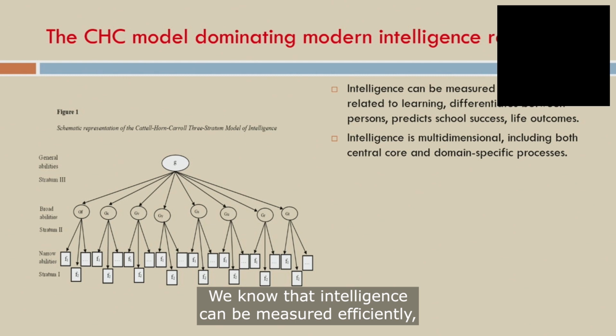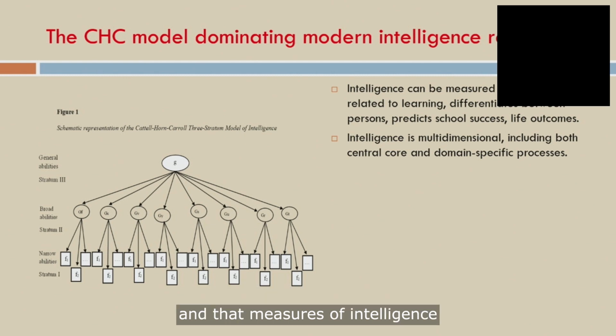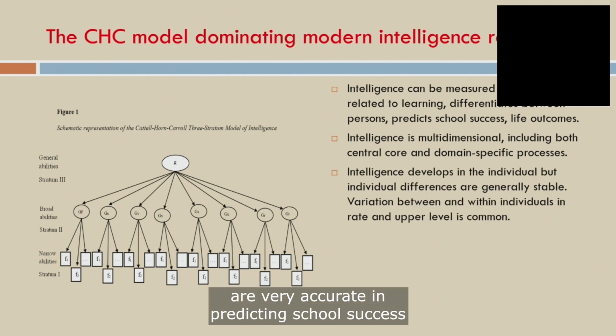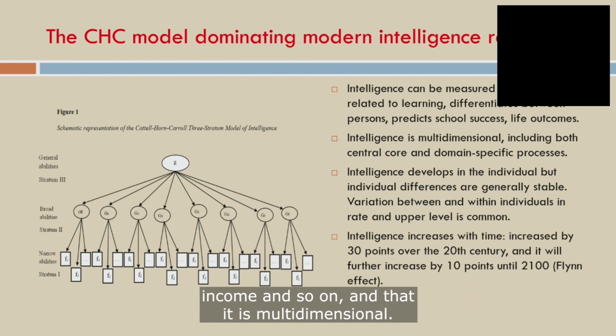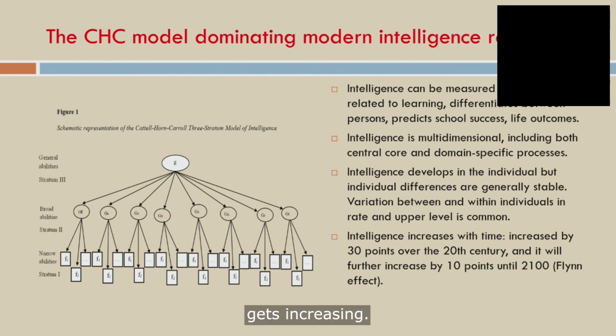We know that intelligence can be measured efficiently, and that measures of intelligence are very accurate in predicting school success and real-life outcomes, such as professional income and so on, and that it is multidimensional, that it varies between individuals, and that it is increasing.